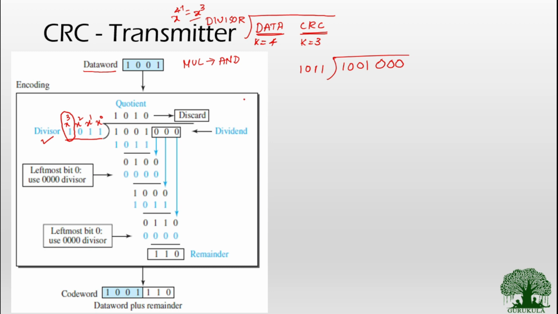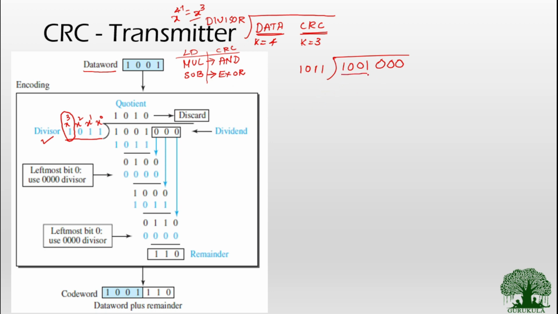And wherever you perform a subtraction operation in the long division method, here in CRC you will have to perform an XOR operation. So this is what you perform in long division, whereas in CRC you will perform this particular operation. Correct. So with this note, let us see how this example is solved.